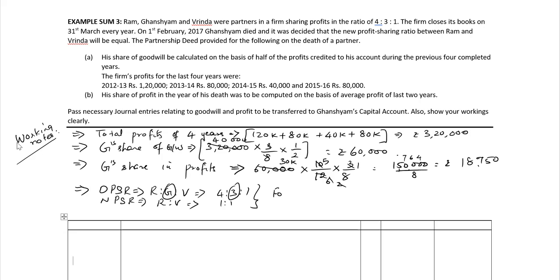So for Ram, old share 4 divided by 8 minus the new share 1 by 2, nil. So no gain or sacrifice by Ram. And in the case of Vrinda, old share 1 divided by 8 minus 1 by 2 is equal to minus 3 by 8, and the gaining partner is Vrinda alone.